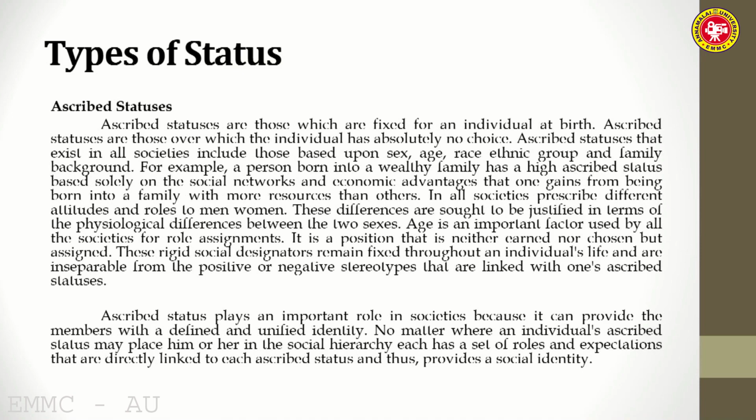The ascribed status plays an important role in societies because it can provide the members with a defined and unified identity, no matter where an individual's ascribed status may place him or her in the social hierarchy. Each has a set of roles and expectations that are directly linked to each ascribed status and thus provides a social identity.